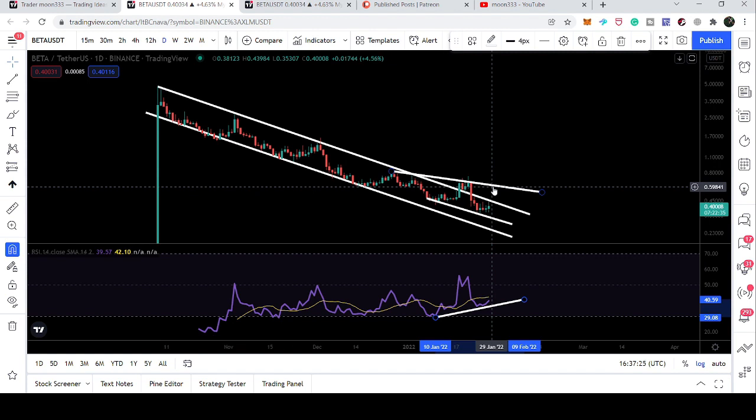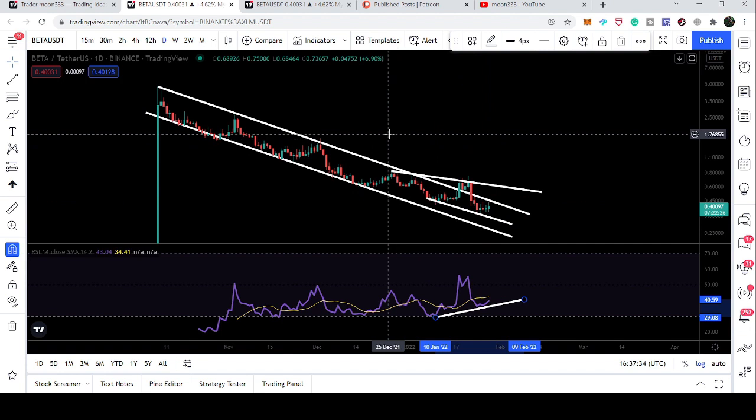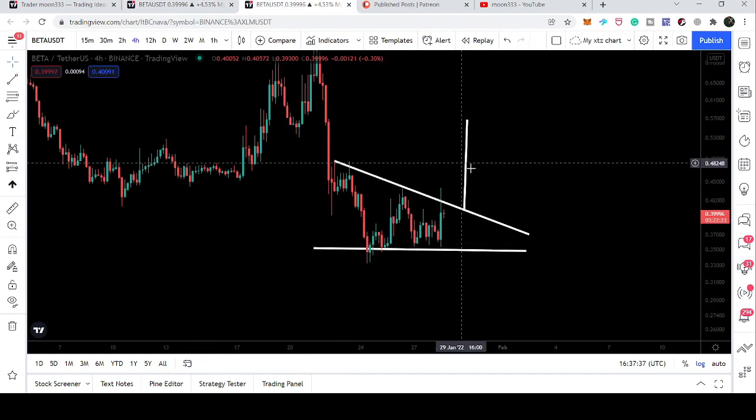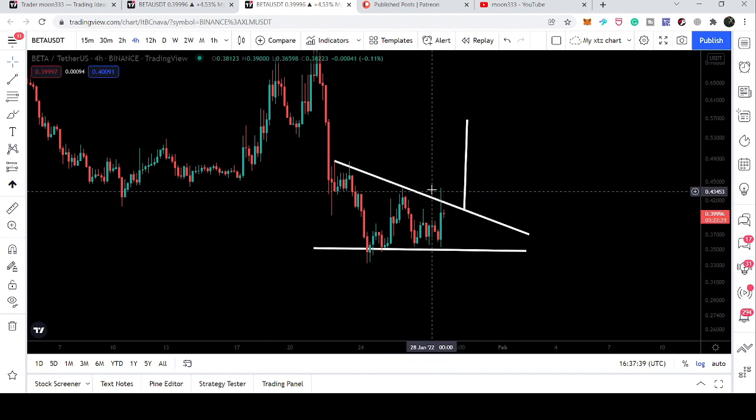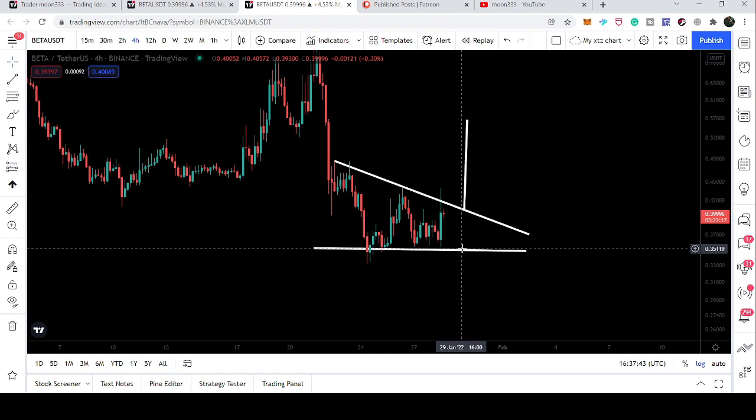And there will be a very high possibility that the price line can break out this other resistance after breaking out the channel resistance as well. So the next few hours are again very important for beta, because we are at the resistance, and even though this attempt failed, it is possible that it will make another attempt without touching the support of this descending triangle. So this was the update so far.